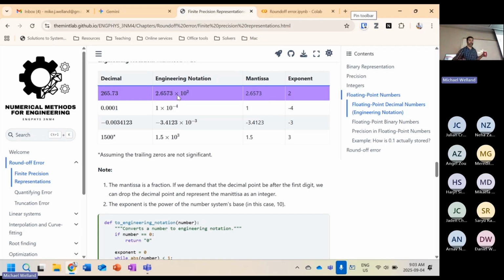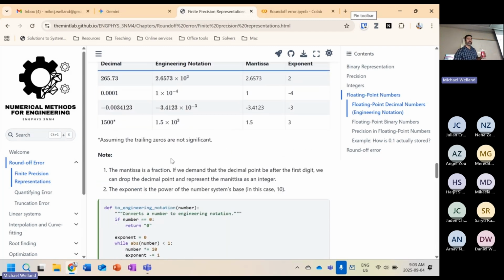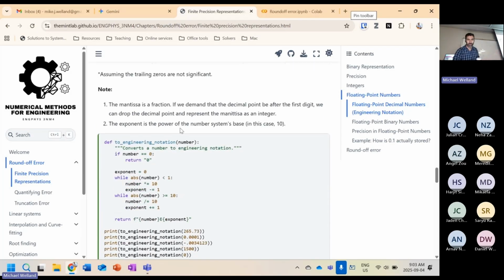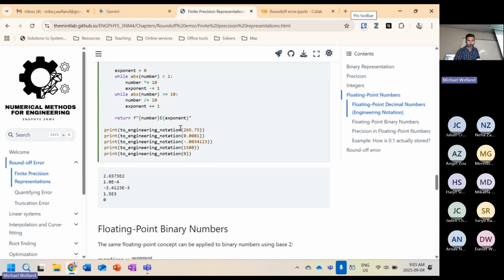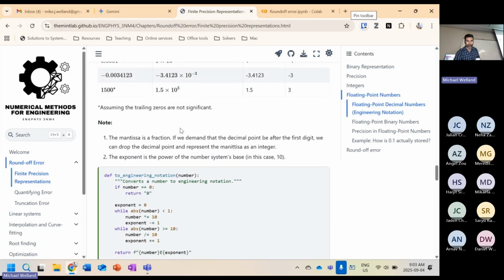It's nominally a fraction. But if you assume that the first decimal point is right after the front digit, you can actually make it an integer. And that part is nice because integers don't suffer round-off error. I'm jumping ahead of myself a little bit here.